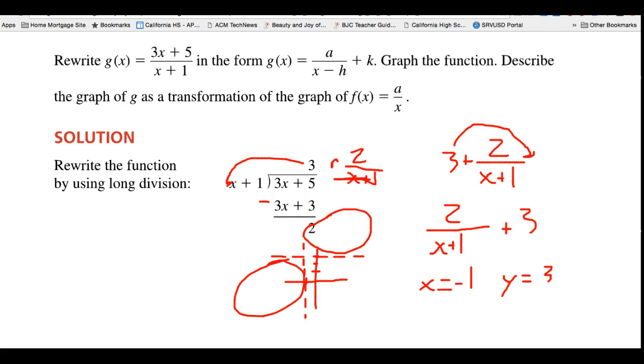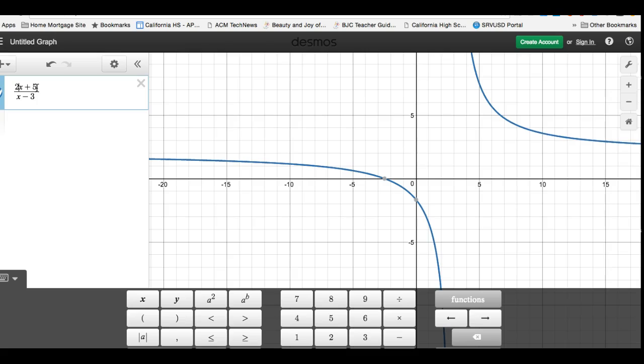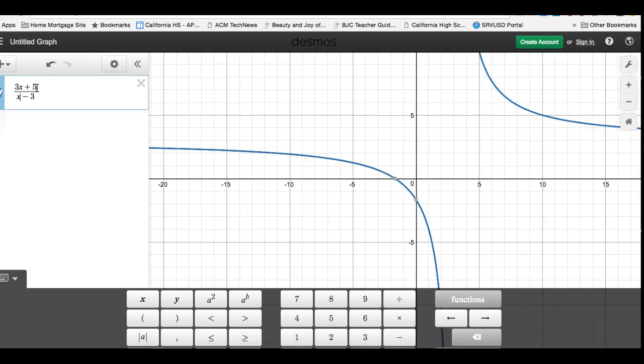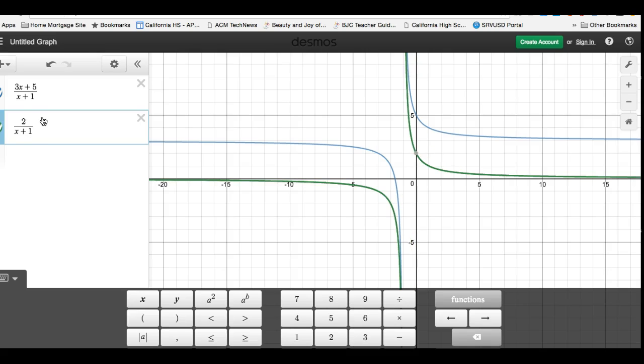Now we want to compare this function as a transformation of a over x. If we go to Desmos and enter our original function, 3x plus 5 over x plus 1, this is what our graph looks like. We showed that that was the same as 2 divided by x plus 1 and then plus 3.